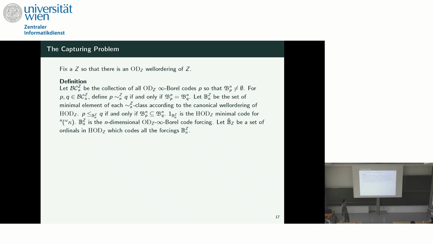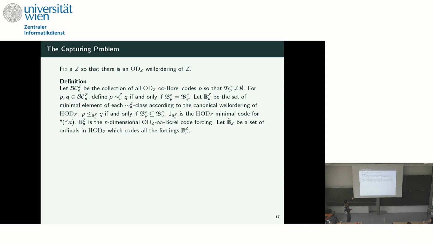Now fix a set Z with an OD_Z well ordering of Z. So, okay, maybe I won't go through the full detail of this. The fourth thing you want is the collection of OD_Z infinity-Borel codes forcing for kappa to the omega to the n. This is a proper class, right? So there's some standard trick of picking the minimal element in this natural equivalence relation.